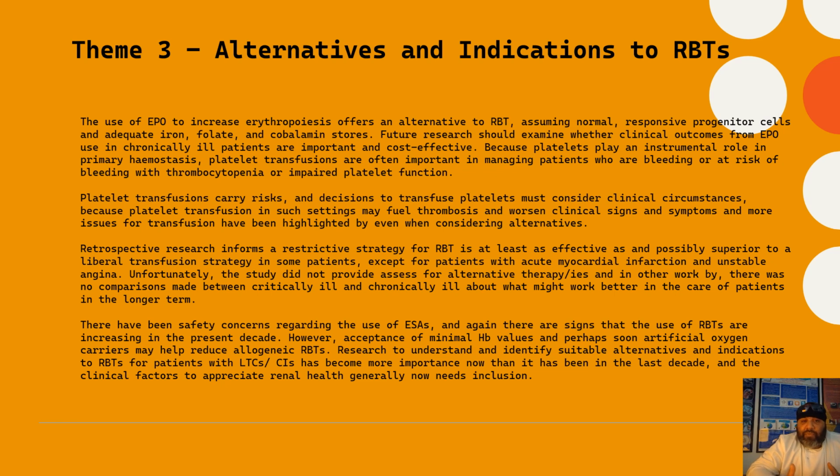So theme 3, about alternatives and indications to red blood cell transfusions. The use of EPO, or erythropoietin, to increase erythropoiesis offers an alternative to red blood cell transfusion in part, assuming normal responsive progenitor cells and adequate iron, folate, and cobalamin stores within patients.